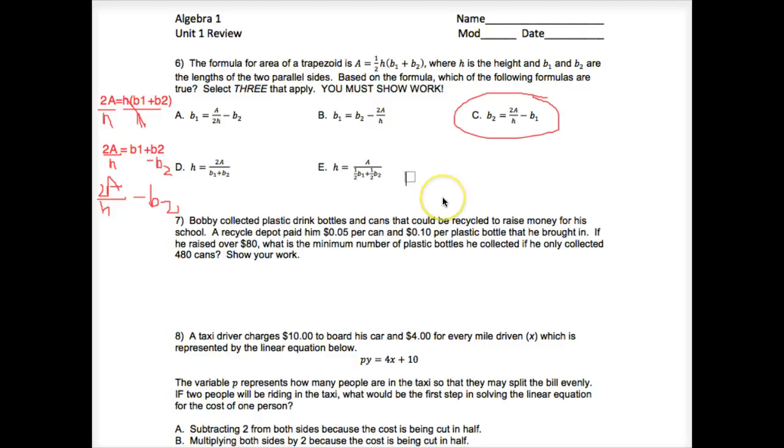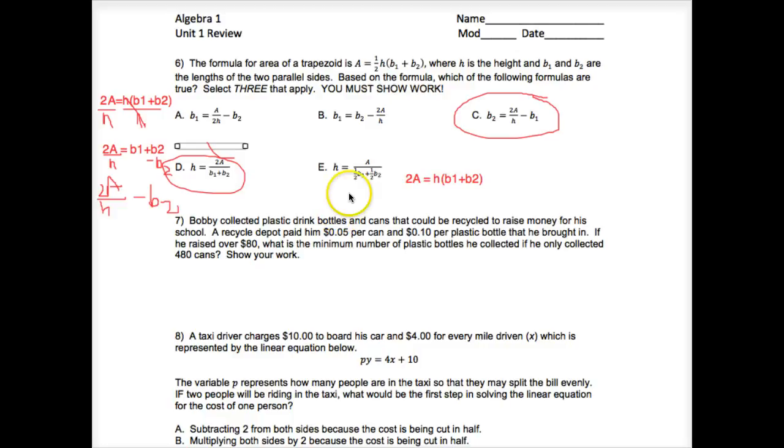So if I multiply by 2, I get 2a on the left, and then I get h times b1 plus b2 on the right. Now, if I'm solving for h, then I can just divide by b1 plus b2. Notice that when I divide by that, I get exactly what's over here: 2a divided by b1 plus b2. So D is definitely a correct option here.